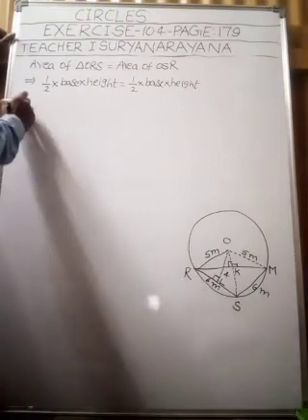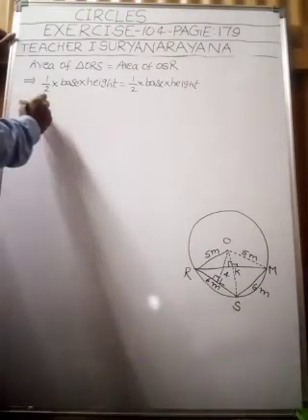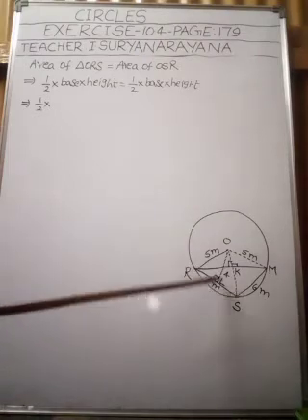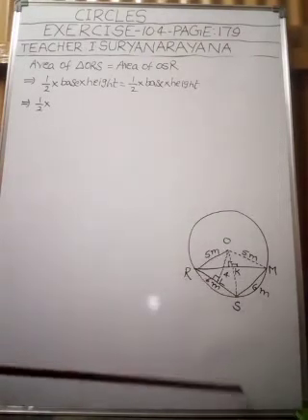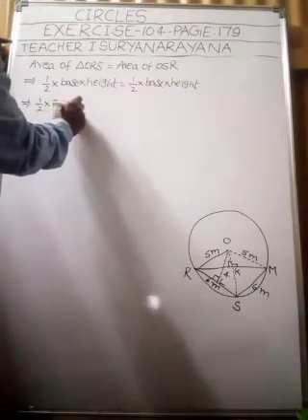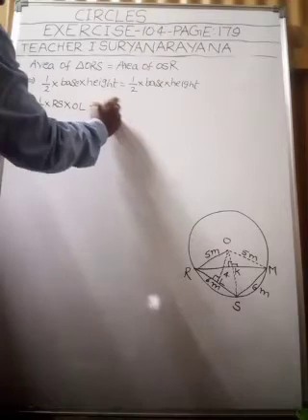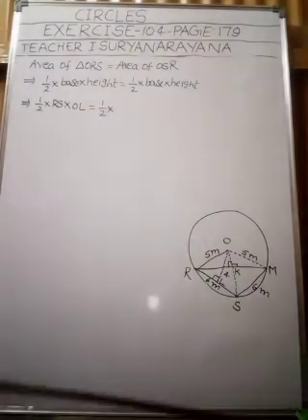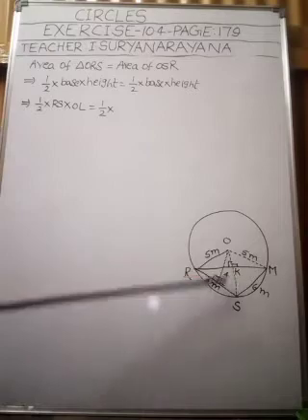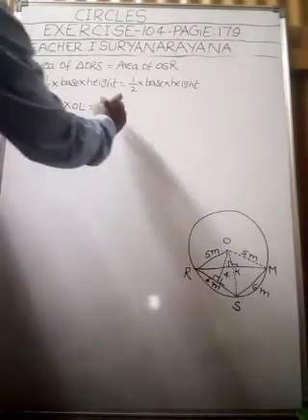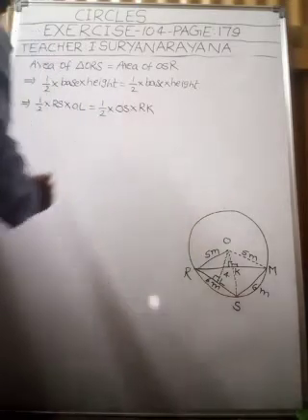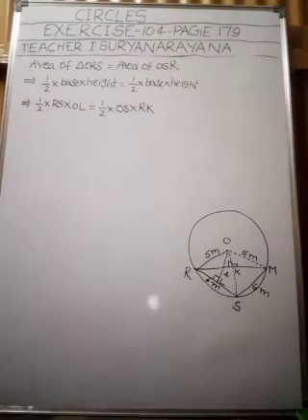This implies half into, in this triangle ORS, here I am taking RS as base, RS into height OL, is equal to half into, here I am taking OS as base and RK as height, OS into RK. Understood this step, my children?